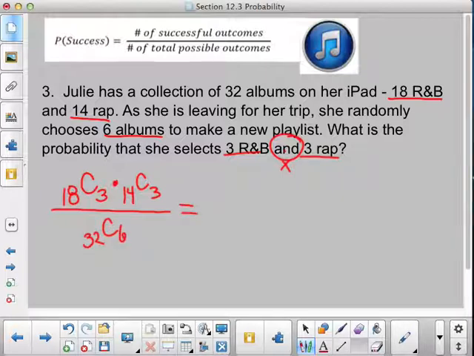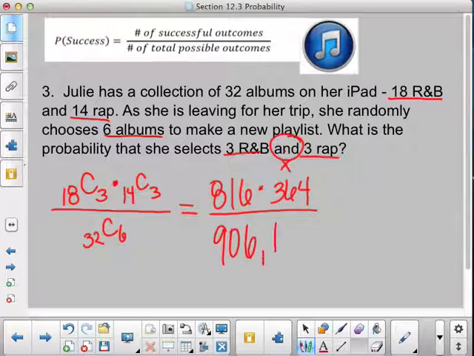Okay. So I would go ahead and figure out, well, what is 18C3? That is 816 times, what is 14C3? 364, all over 32C6. It's 906,192.